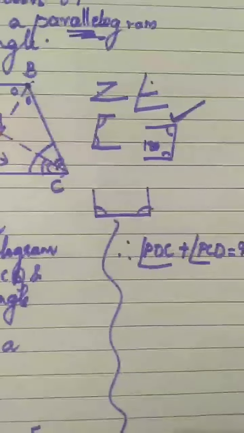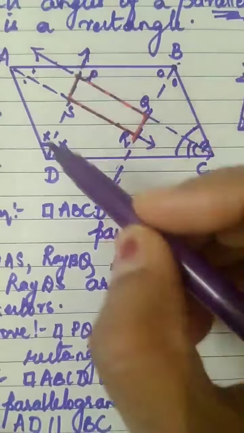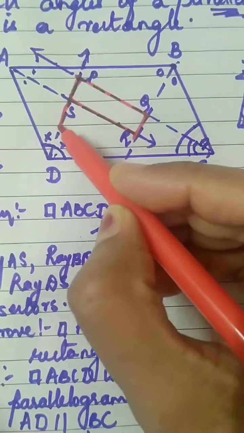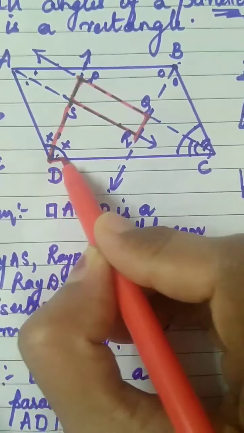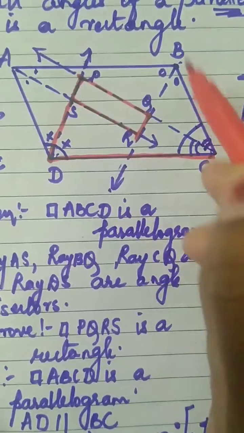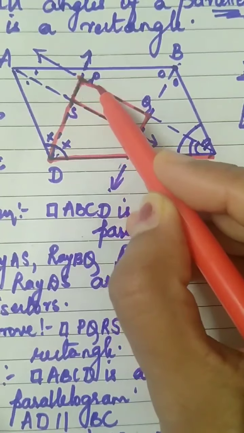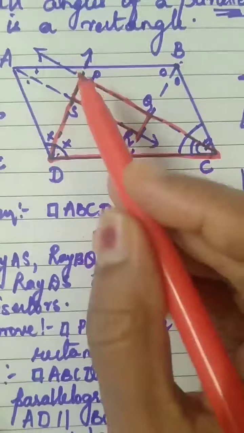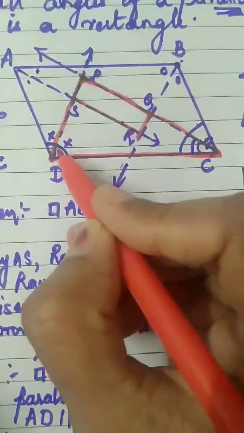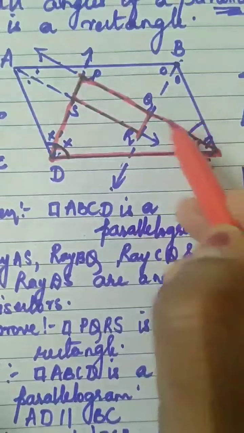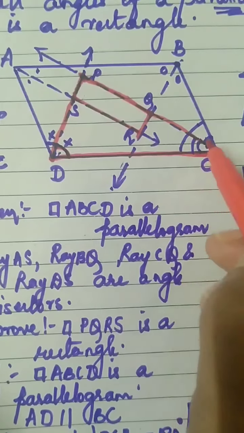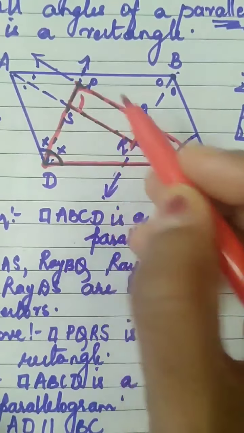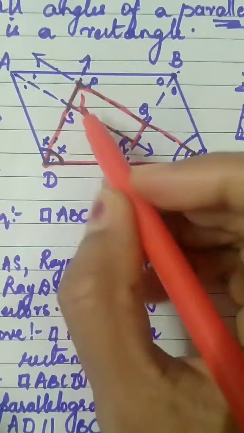Now PDC and PCD. I'll highlight: PDC means this angle, and PCD means this angle. So now I am talking about this triangle PDC. इसमें से PDC angle and PCD angle if you add, you get 90 degrees.